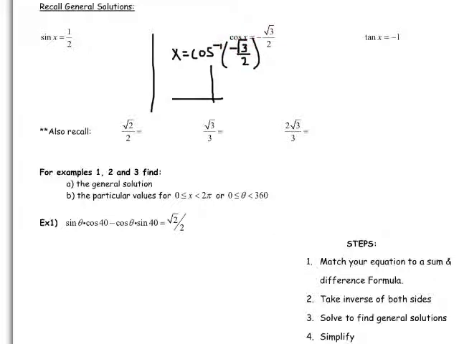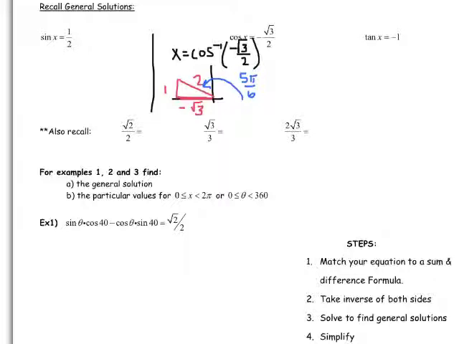You can start thinking, where else would you be drawing that if you want your adjacent to be negative? But right now we're doing this one. We actually just did this angle a second ago. This is the angle 5 pi over 6. So that would be one of our solutions.